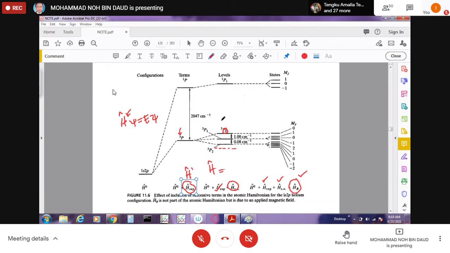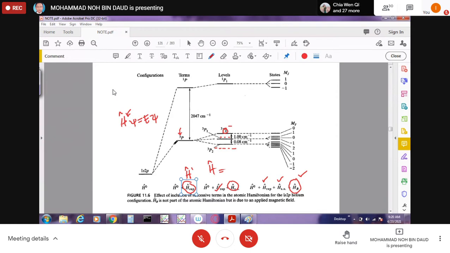How many? 2J plus 1 is 3. For the other, 2J plus 1 is only 1. You can count the total here, which is 9.